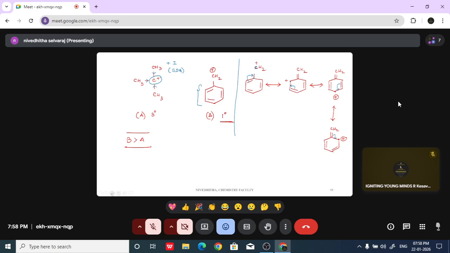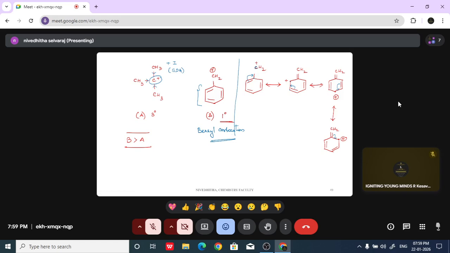See, here, the carbocation which is present in B is called a benzyl carbocation, because one of the R groups is benzene. So benzyl carbocations are more stable than your tertiary carbocation.